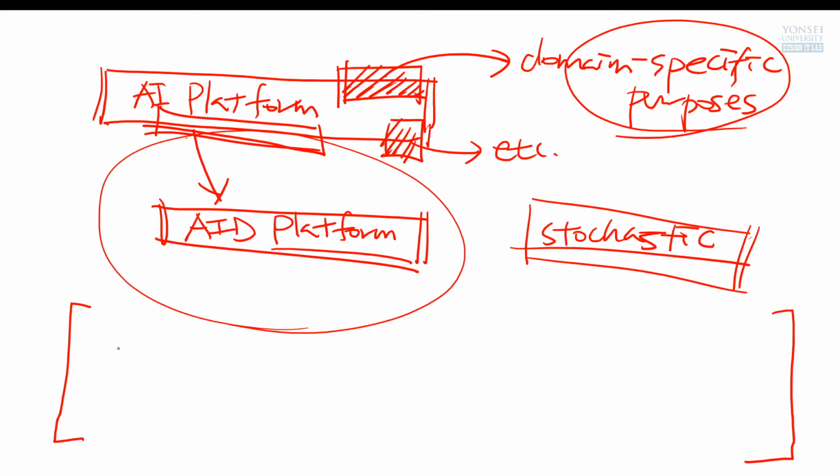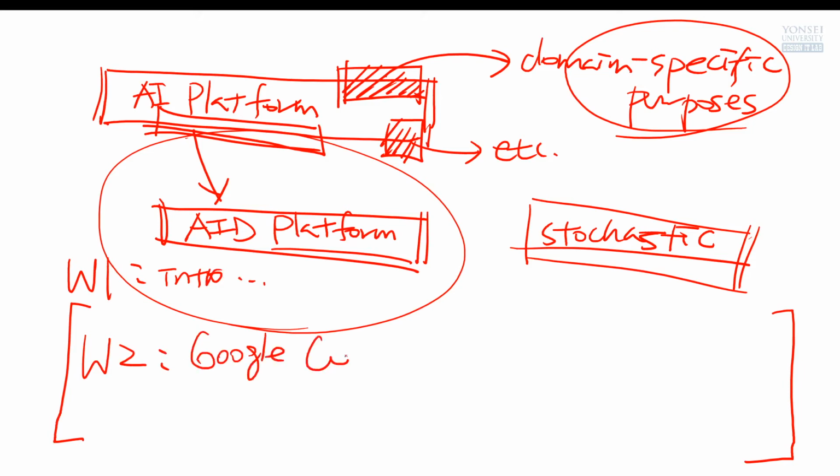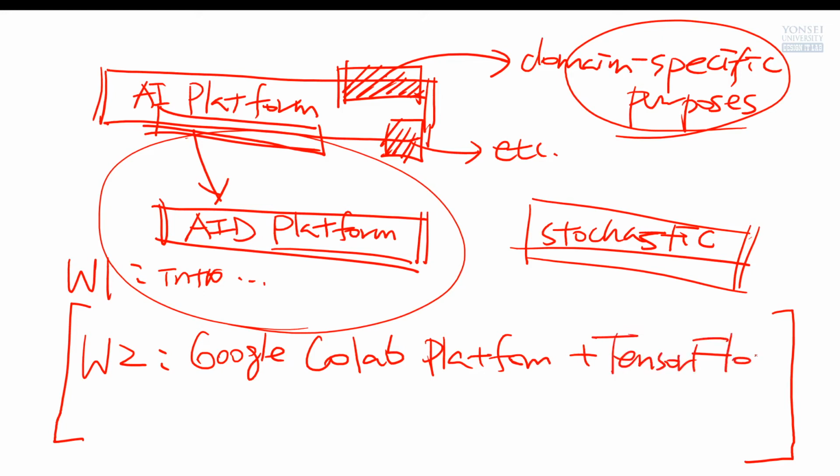So I changed the sequence, okay? Week 1 was some intro and theory and so on, and the last part was supposed to be this week's part. In week 2, we are going to take a look at Google's Colab platform plus TensorFlow, as well as Microsoft Azure and Dialogflow.